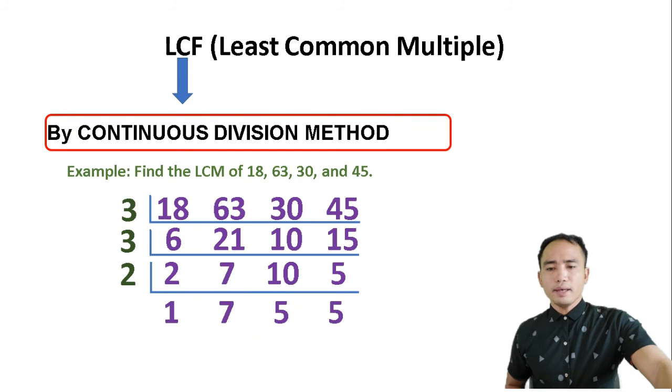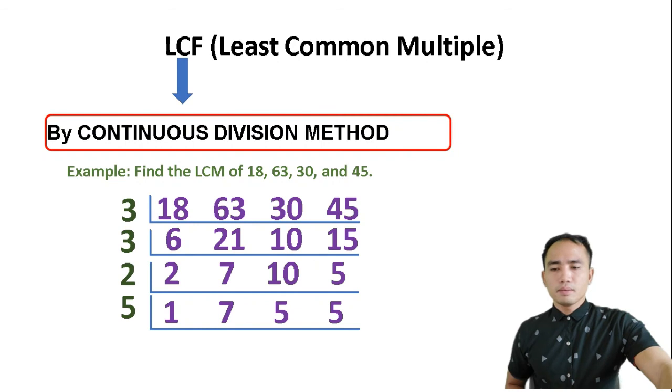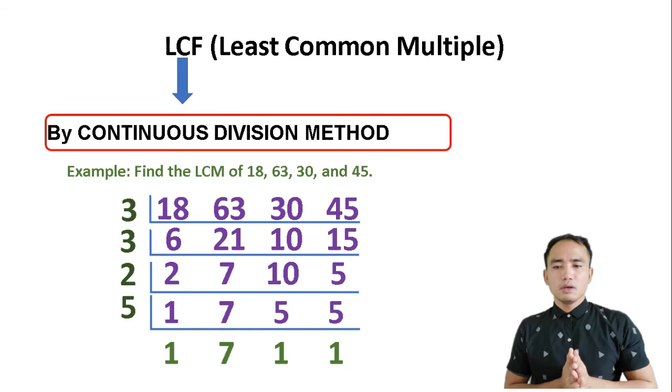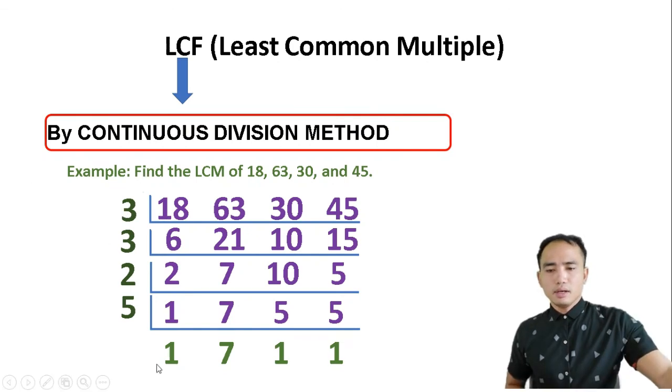Bring down 7, 10 divided by 2 is 5, and bring down 5. And still, we can divide at least 2 of these numbers by 5. Bring down 1, bring down 7, and 5 divided by 5 is 1. 5 divided by 5 is 1. And we will stop here because these numbers are all prime.